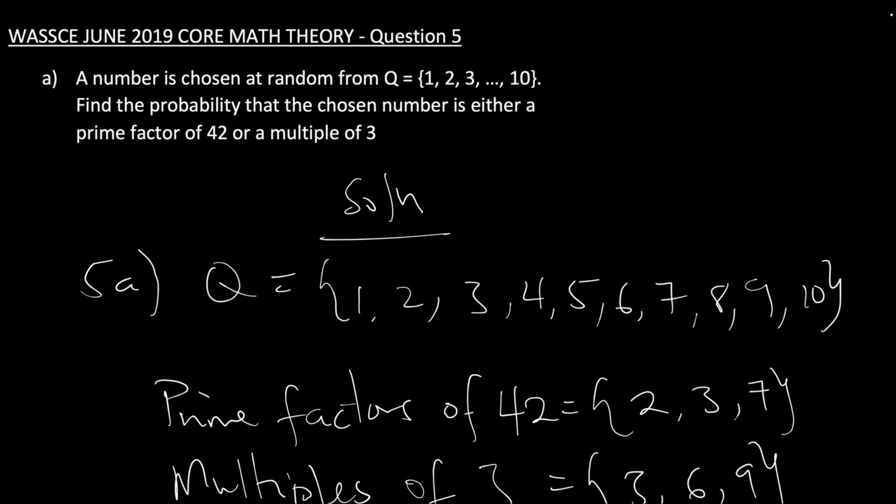Now we are being asked to find the probability that a chosen number is either a prime factor of 42 or a multiple of 3.